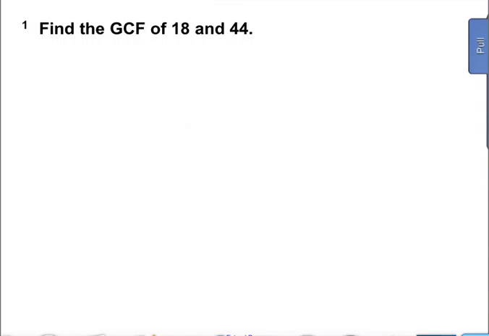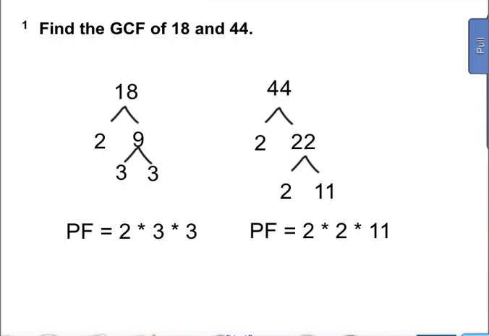Let's see if you can find the GCF of 18 and 44. So in the end, you should have the prime factorization of 18 as 2 times 3 times 3, and the prime factorization of 44 as 2 times 2 times 11.